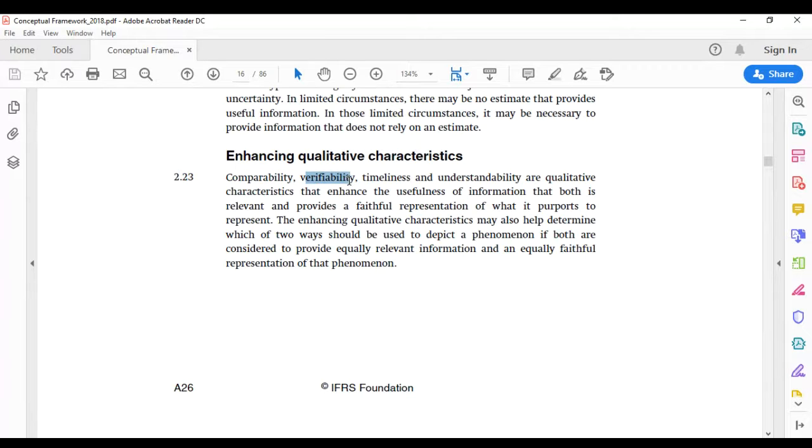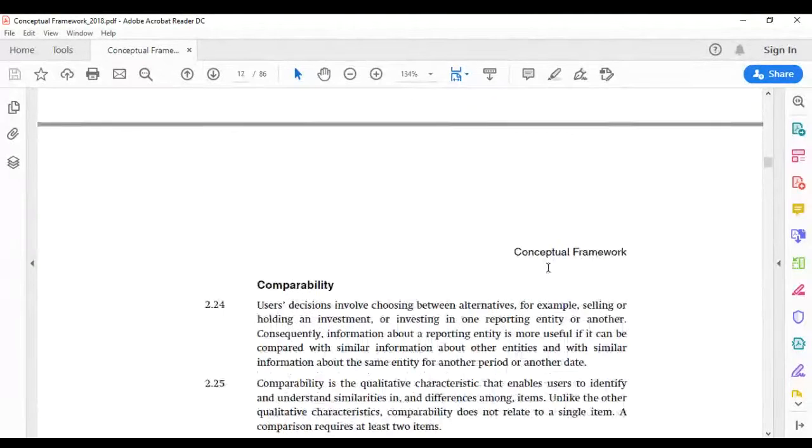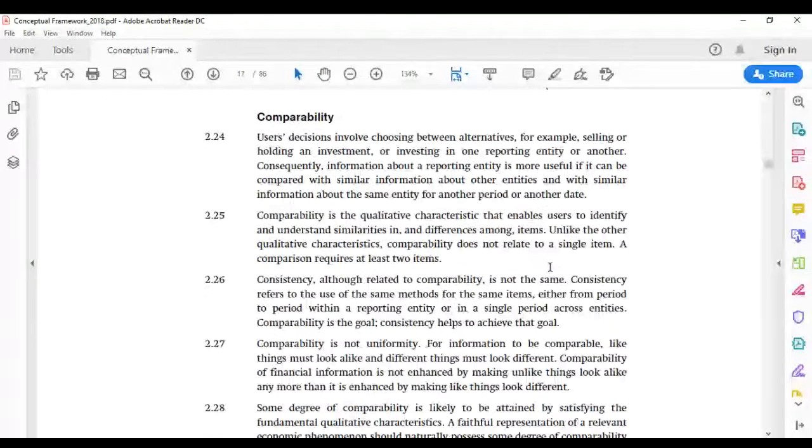Verifiability. The third one is timeliness. And then the last one is understandability. So 4 of them, they are the qualitative characteristics that improve the usefulness of information. That is why it's called the enhancing qualitative characteristics. So let us go and discuss each of them individually.